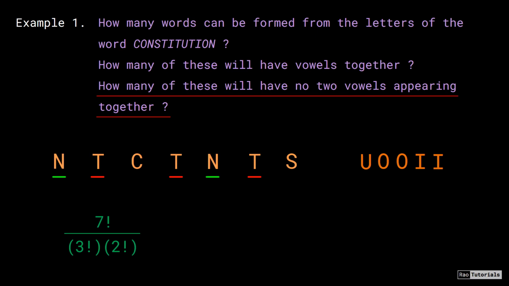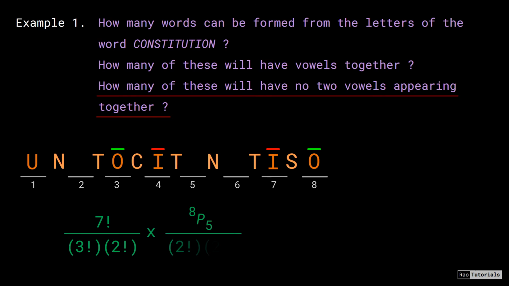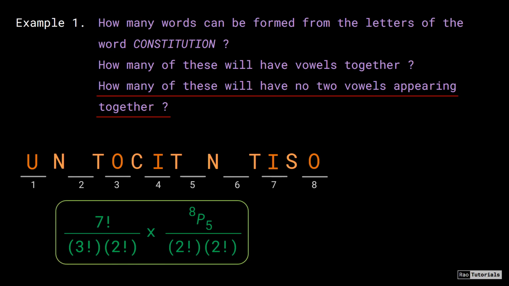In between these 7 consonants, there are 8 places, on which 5 vowels can be arranged in 8P5 ways. But since these vowels have 2 identical I's and 2 identical O's, we divide by 2 factorial times 2 factorial. So there are this many arrangements in which no 2 vowels appear together.